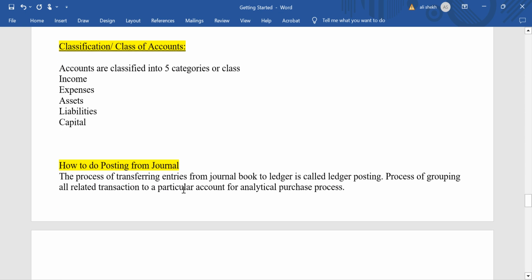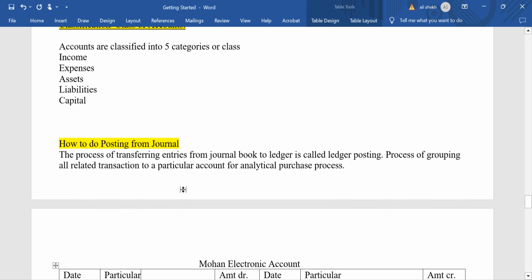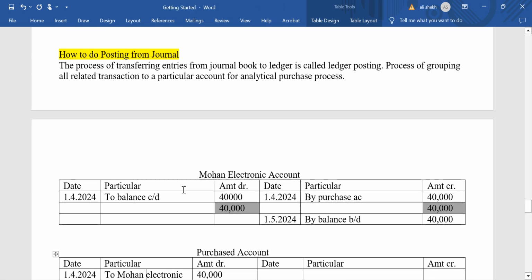So next we will see how to do posting from journal. This is the second stage in the accounting cycle. So suppose we have purchased goods from Mohan.